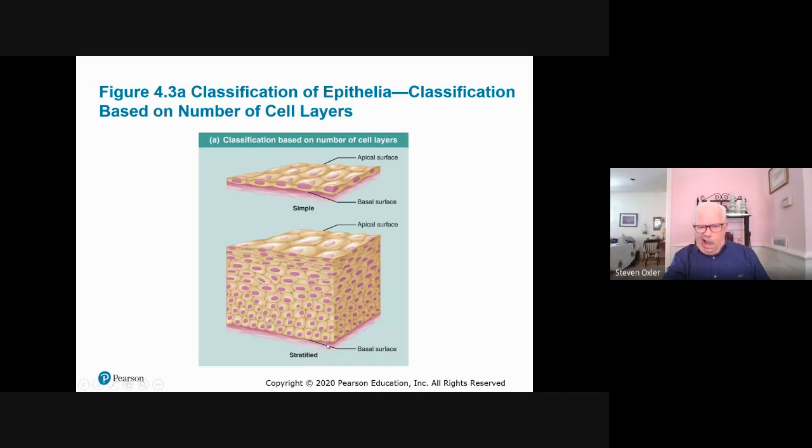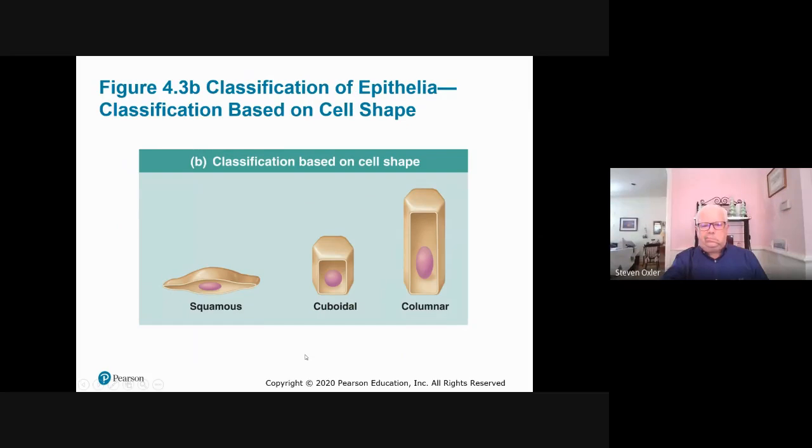This is inside. This is outside. Simple, one layer. Stratified, two or more layers. Squamous, flat. Cuboidal, box-like. Columnar, tall.